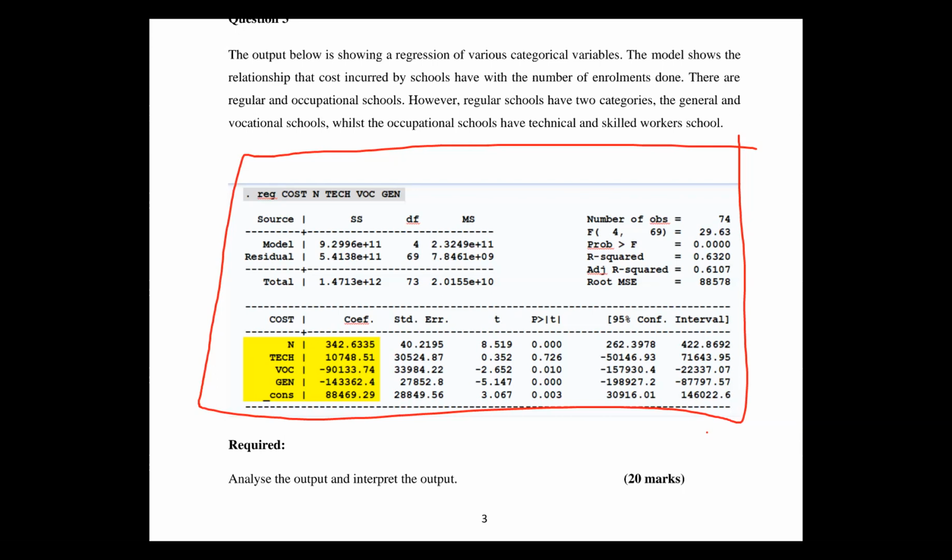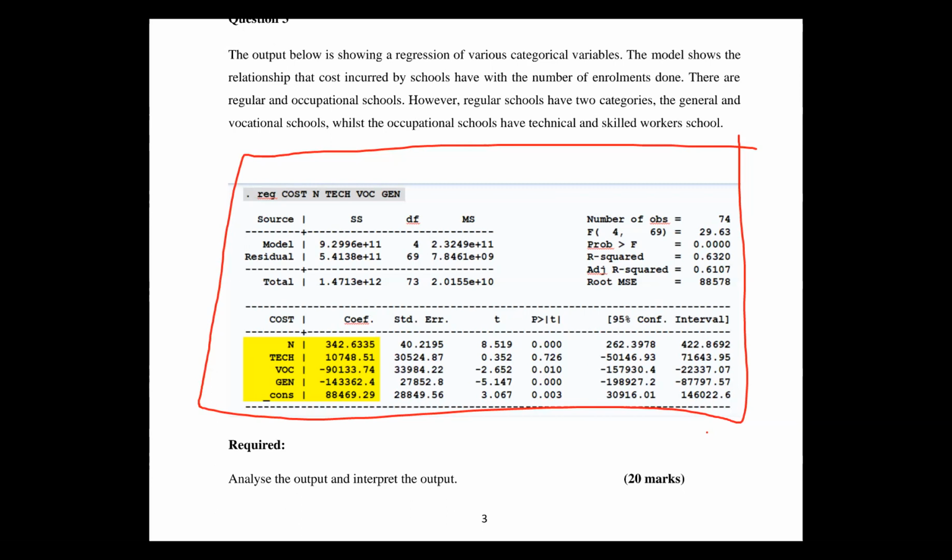There are regular and occupational schools. However, regular schools have two categories, the general and the vocational schools, whilst the occupational schools have technical and skilled workers schools.